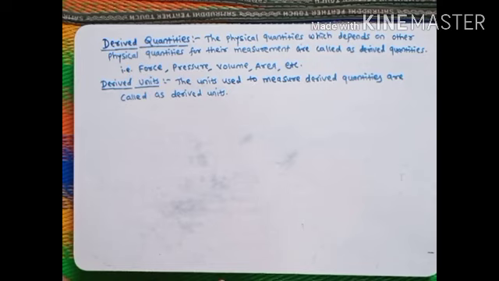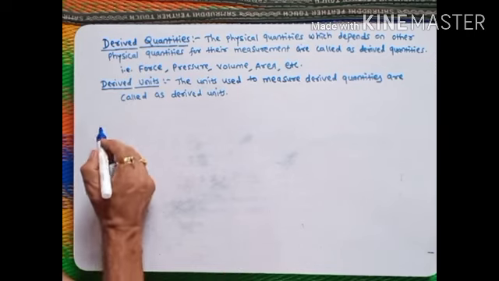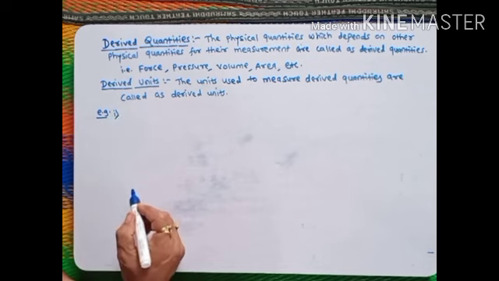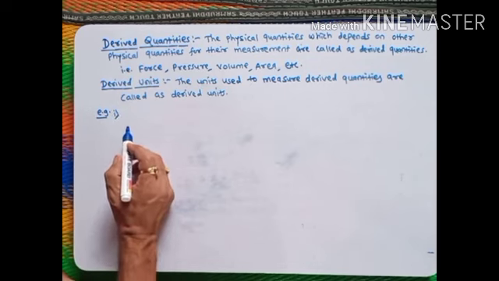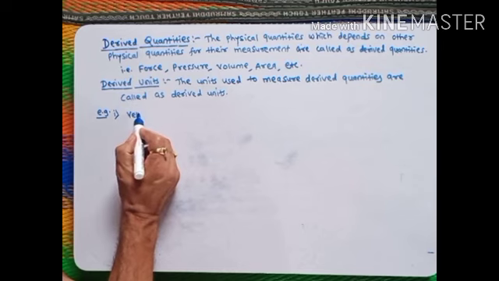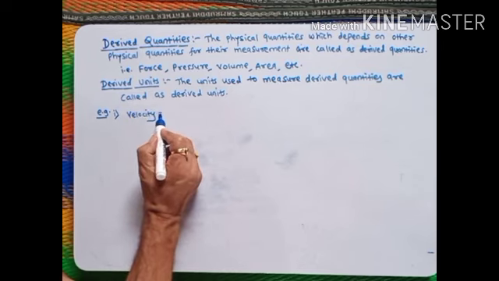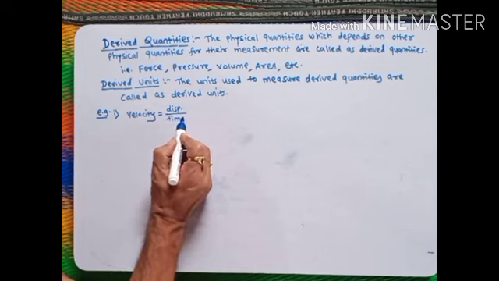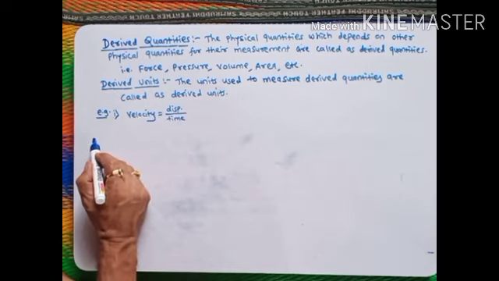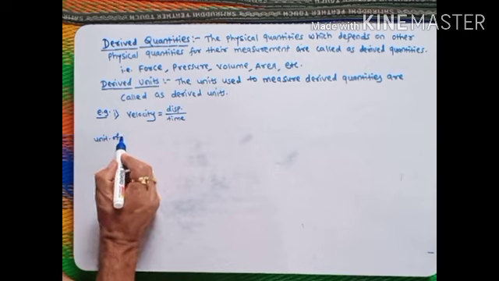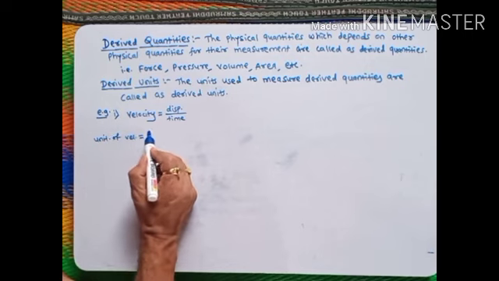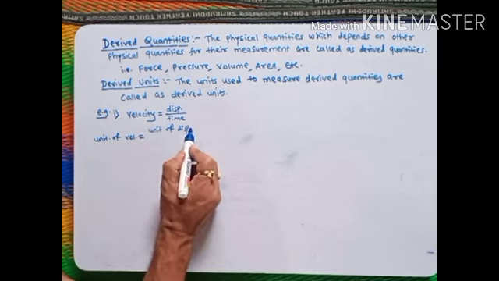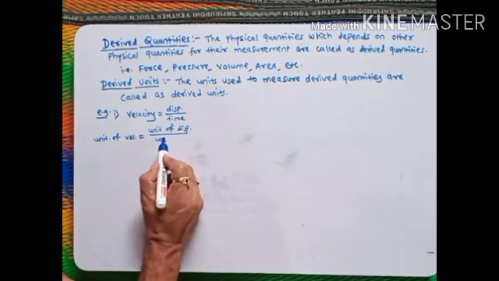Now we will see examples first. Suppose we consider velocity. Then velocity is equal to displacement upon time. Now we consider the unit of velocity. We can write the same thing: unit of displacement upon unit of time.